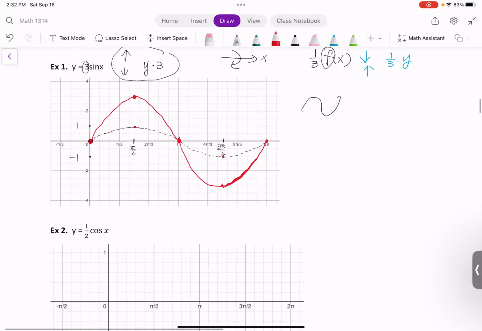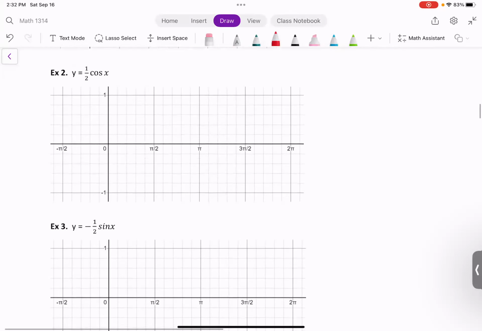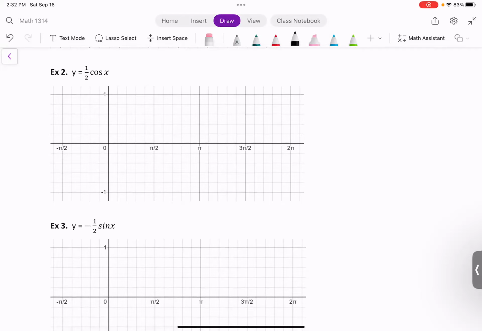All right, let's see the next example. In front of the y, we have the 1/2. And this is a cosine function. We must have the cosine function in our mind. So what does the cosine function look like? I use a dashed curve to draw the cosine function, from 0 to 2 pi, from peak to peak.